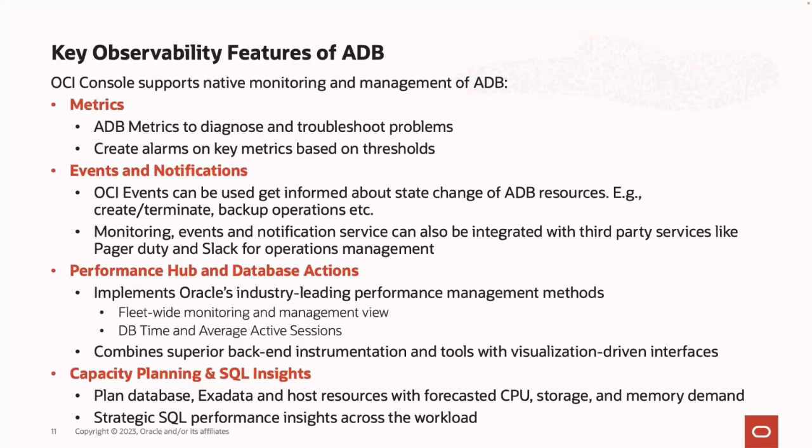You can also look at performance metrics such as DB time and average active sessions for those databases within a fleet view, or drill down into individual databases and look at what's happening at that level.